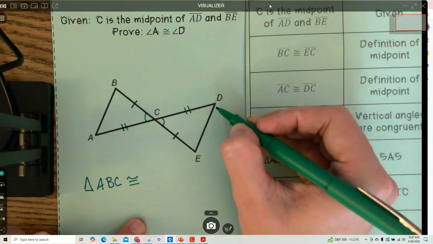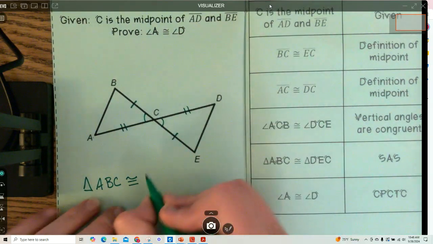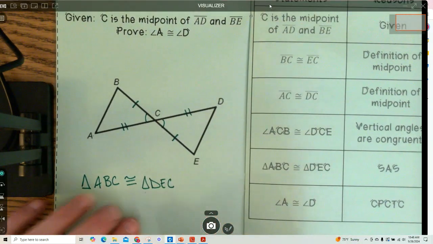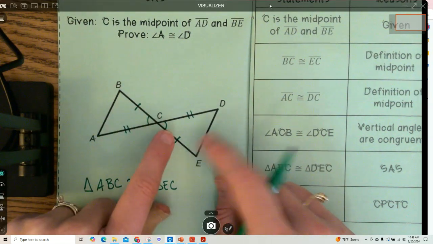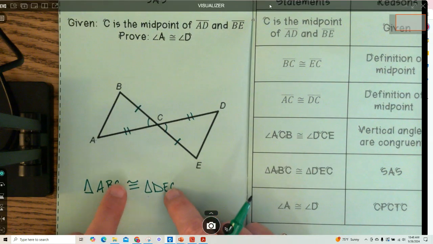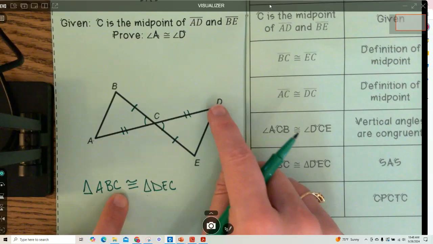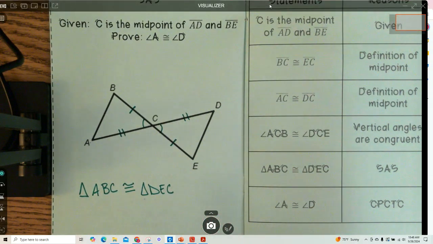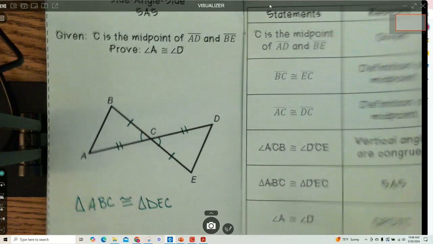So for it to match up, we would have to go D, E, C. Because right here, B and C have to be in the same location as C and E. B and C, C and E, they're both at the end. A and C, first and last. D and C, first and last. So that name is really, really important when we're naming these congruent triangles.